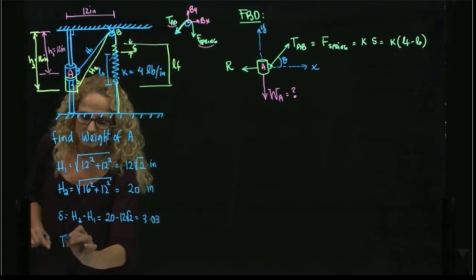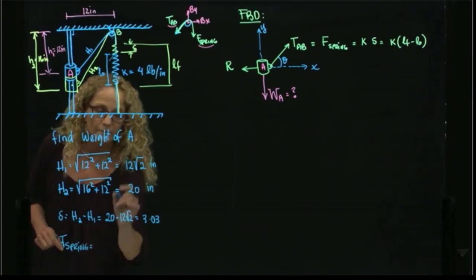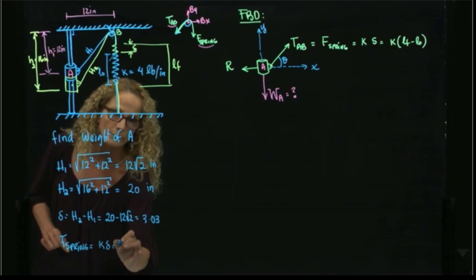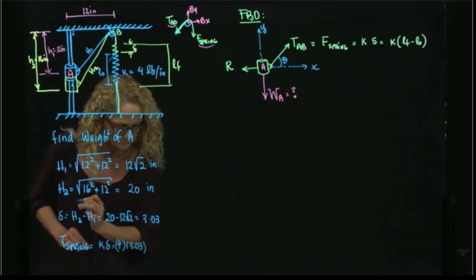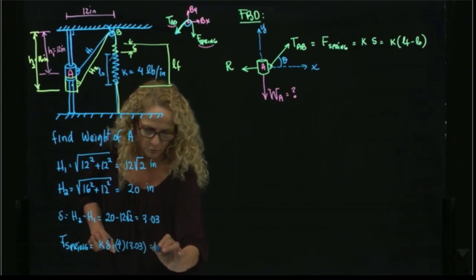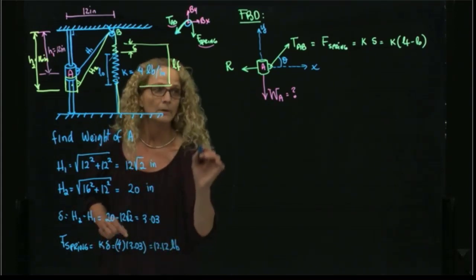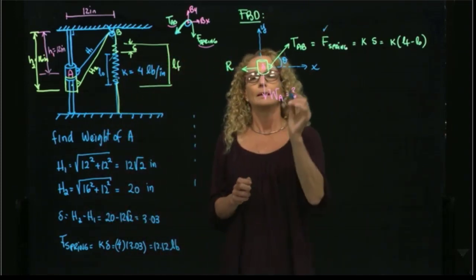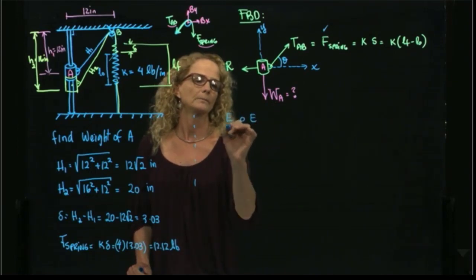Therefore, the force of the spring is equal to that K times delta, which is 4 times 3.03, which is equal to 12.12 pounds. Now that I have the force of the spring, I apply the equations of equilibrium.